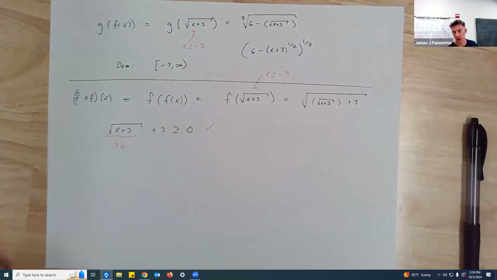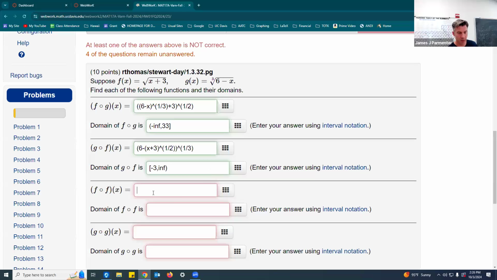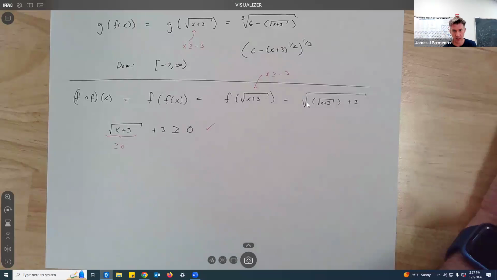But just to answer the WebWork part of this, the composition here was the square root of the square root of x plus 3. So I like to write these from the inside out. So I'm going to write the x plus 3 inside part first. So I have my x plus 3 to the 1/2. And then there's my inside x plus 3 to the 1/2, and I'm going to add 3 and then take the 1/2 power of all of that.